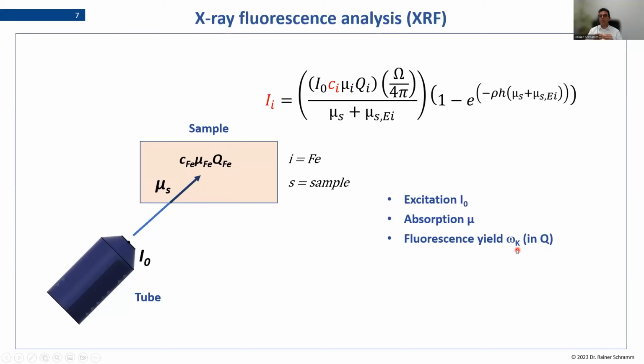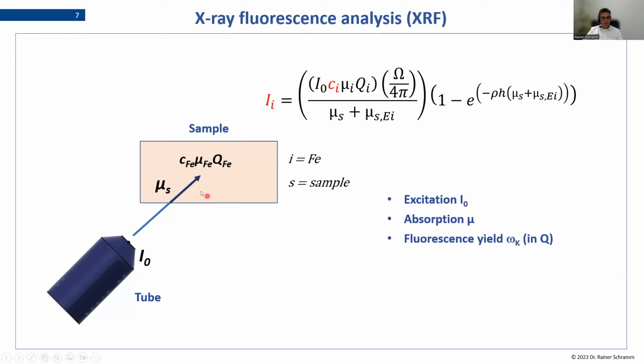So the fluorescence yield gives the probability that an element will be excited and fluorescence radiation will be produced. And this is, of course, depending on the concentration of the element. So the more iron atoms we have, the more fluorescence radiation we will create. And of course, it will be a part of the fluorescence yield. So how well can we excite iron?